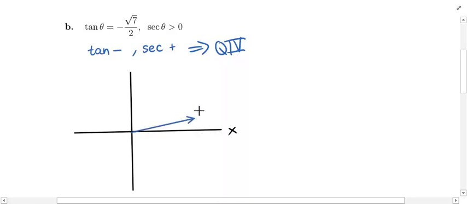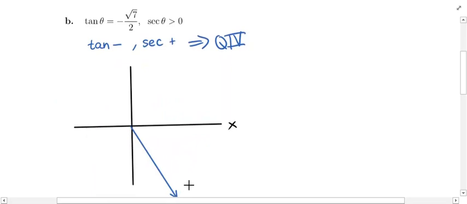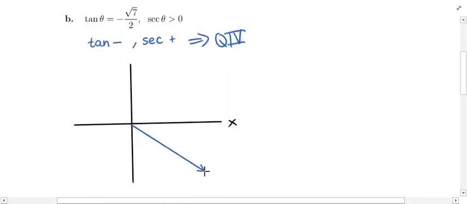We don't know the exact measure of theta, we don't need it. If you do a counterclockwise rotation, you're dealing with a positive angle. If you rotate clockwise from the positive x-axis, you're going to be dealing with a negative angle. Okay, let's just assume that we have a positive angle, so we would rotate around to the 4th quadrant, and so our terminal side would look something like this.